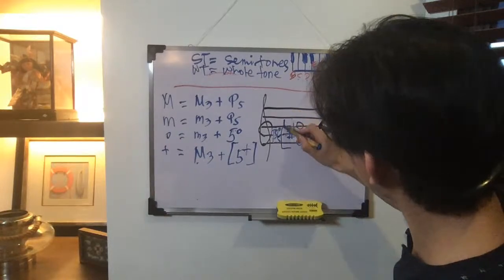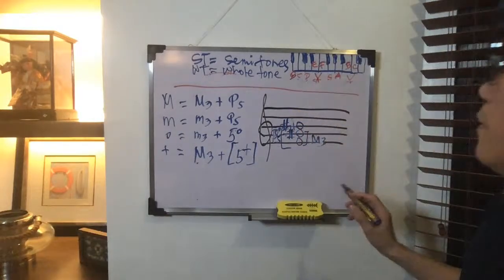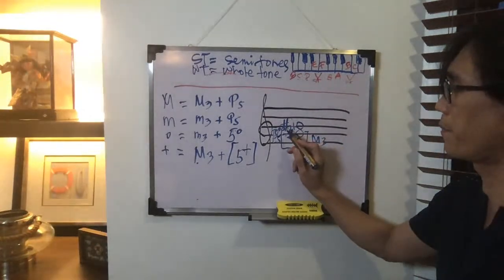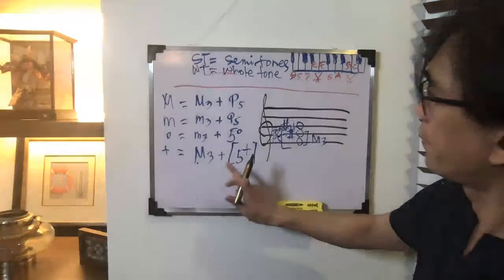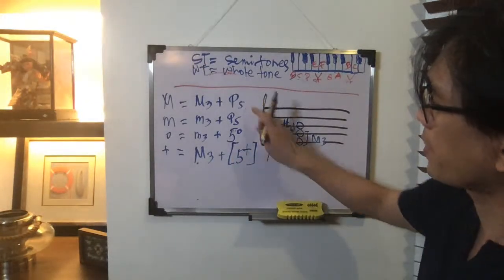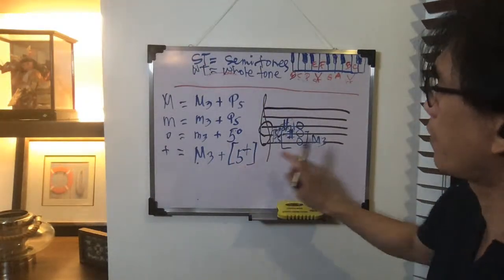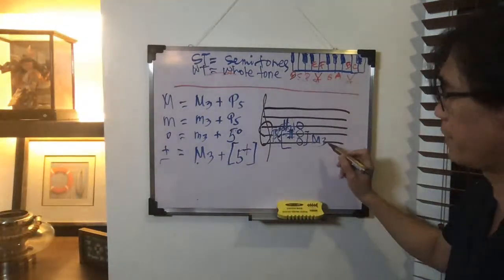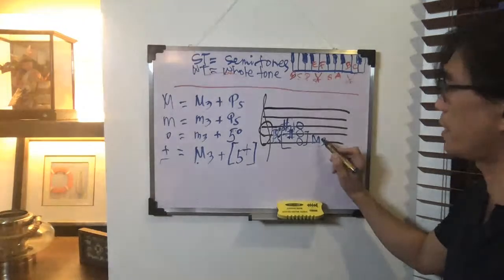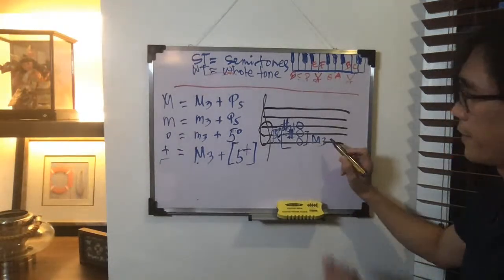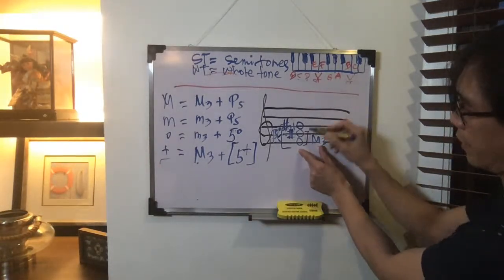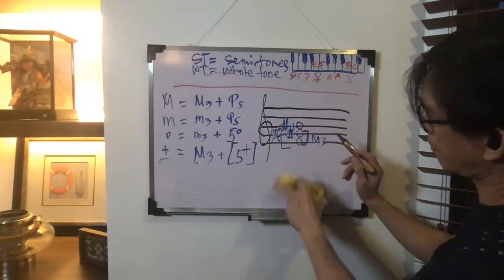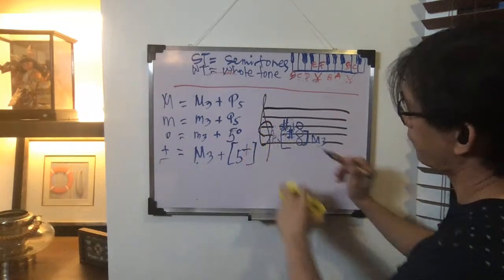I have to put it away. So, okay. If the B becomes a sharp, then the perfect fifth becomes an augmented fifth. Therefore, the interval will be called an augmented interval or augmented chord. So augmented is major third plus augmented fifth.